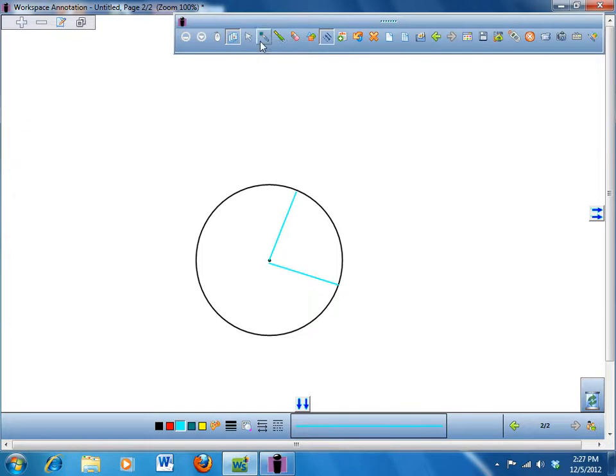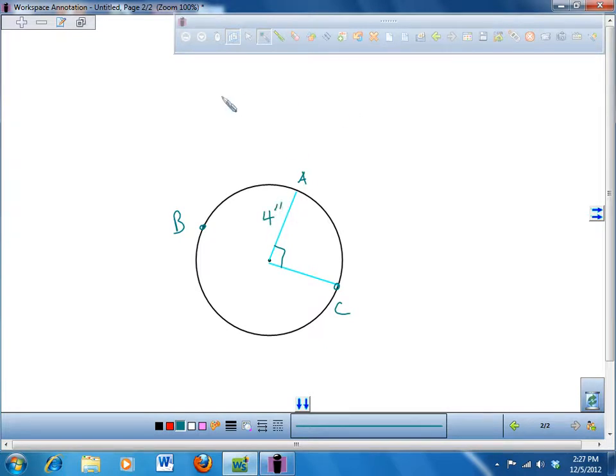And I'm going to say A, B, C. And I'm going to say that this is 8 inches. And I say find the length.